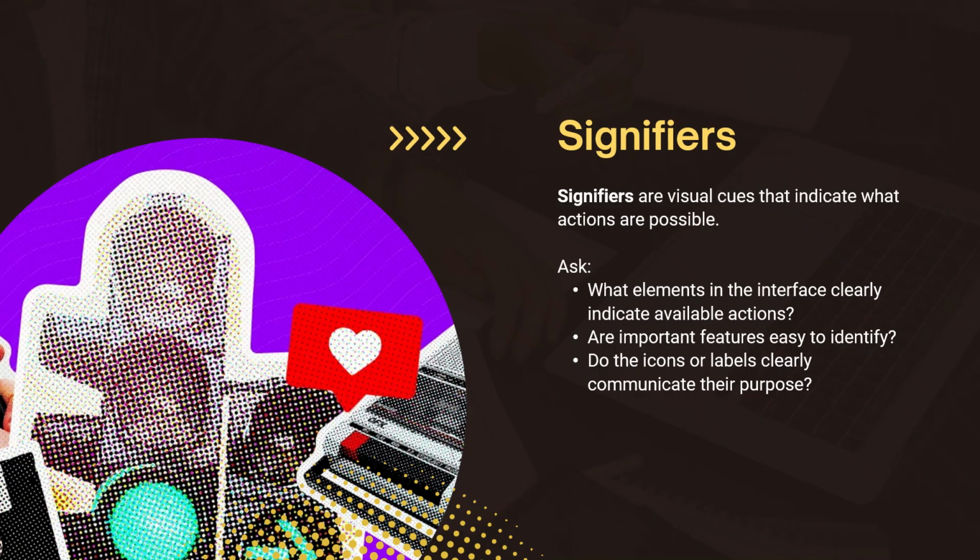Remember, signifiers are visual cues that indicate what actions are possible. For example, buttons, icons, labels, and highlighted areas all act as signifiers that tell users what they can do. So you're going to ask yourself, what elements in the interface clearly indicate available actions? Are important features easy to identify? Do the icons or labels clearly communicate their purpose?